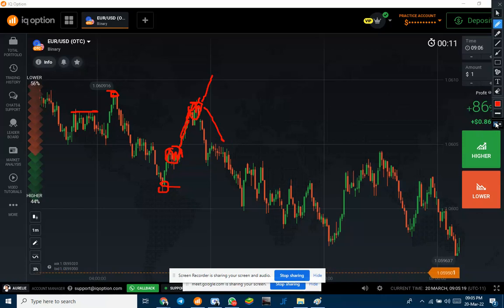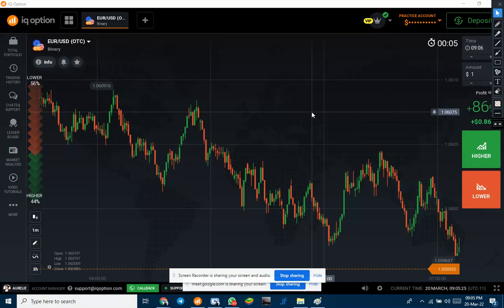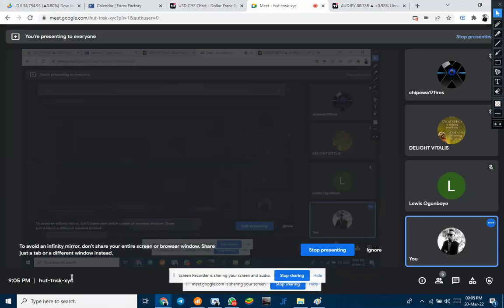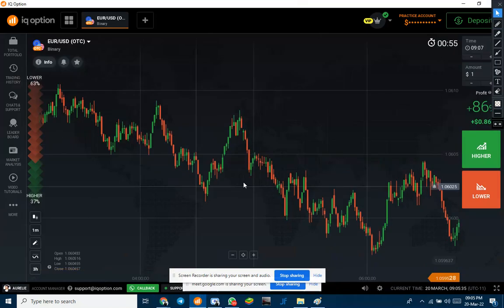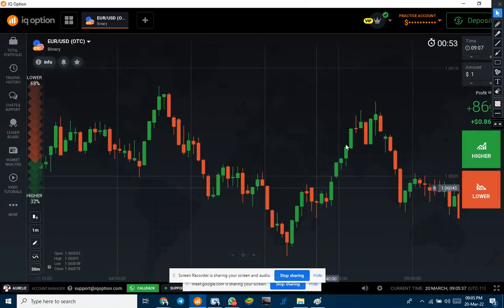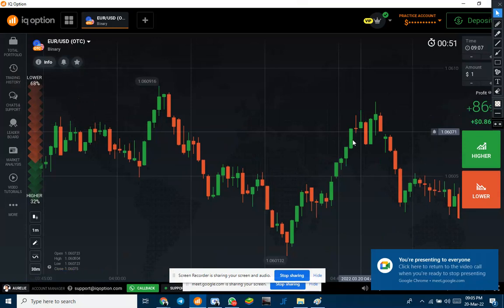Okay, so let's say for instance you want to predict the next candlestick. You look for what? The key factor, the support and resistance. Now let's assume the price is moving forward.